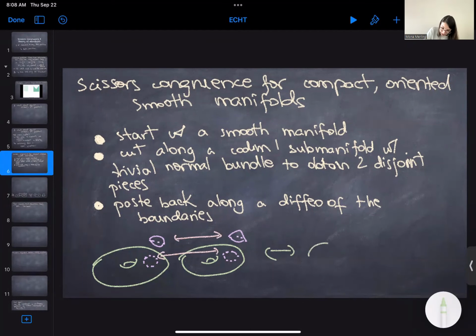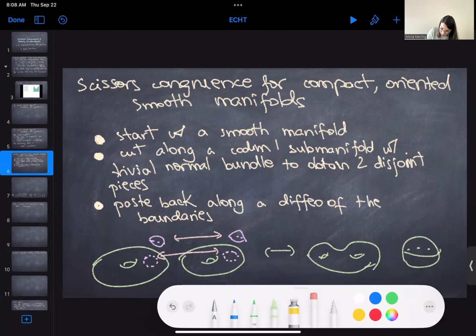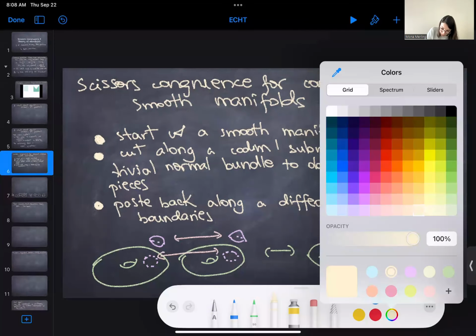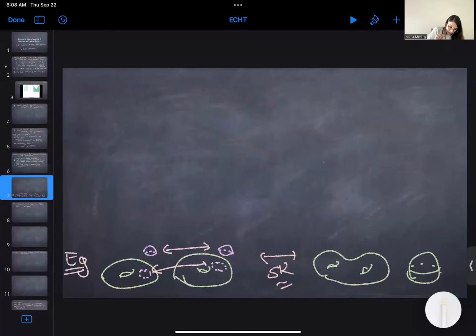I'm going to get a genus 2 surface and a sphere. So we're going to call these 2 manifolds scissors congruent, or, as I'm going to explain on the next slide, SK equivalent. So this is the recipe.